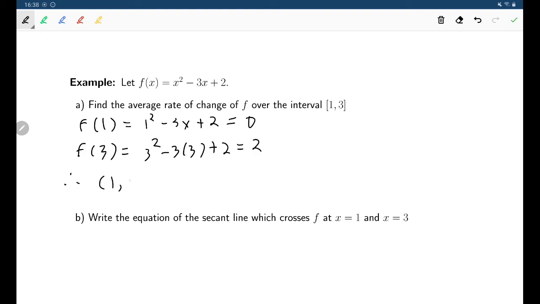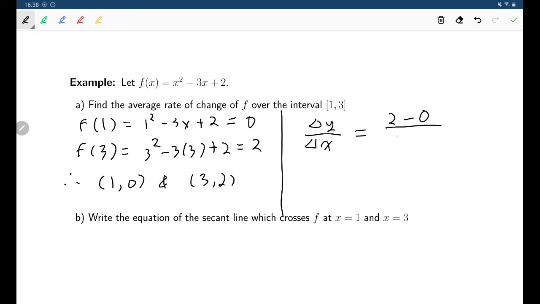We have the point 1, 0, and we have the point 3, 2. And so for our average rate of change, that's just the change in the y values over the change in the x values. So change in the y values, 2 minus 0, over change in the x values, 3 minus 1. And then just simplifying, that's 2 over 2, which is the same as 1.